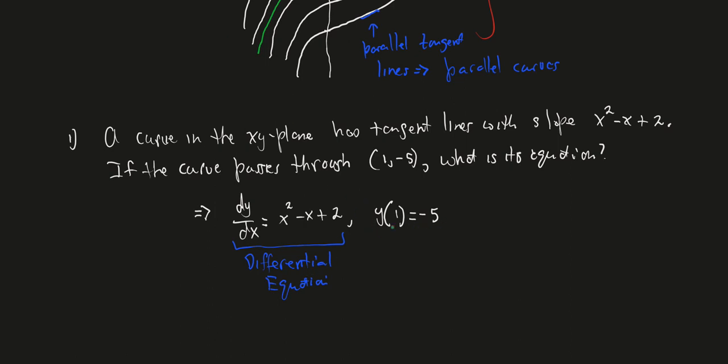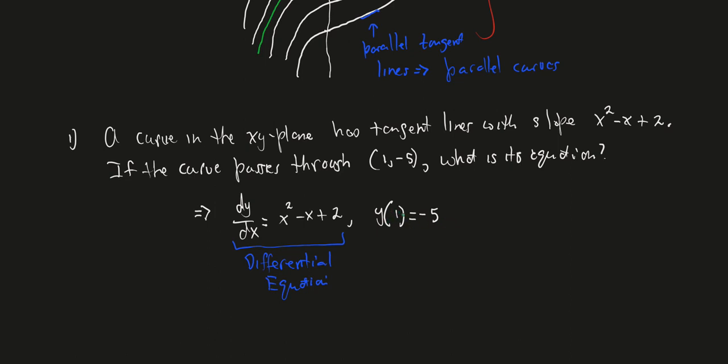Over here we have a point, an ordered pair on the graph of this unknown function, because I don't know what y is just yet, but we're going to figure it out shortly. We have a single condition that the function has to satisfy. In addition to having this as its derivative, the function has to satisfy this equation.